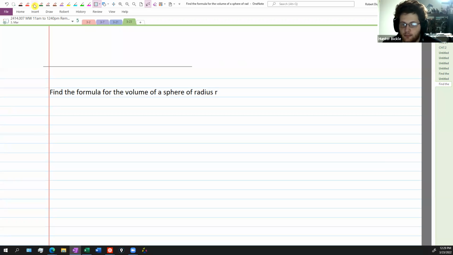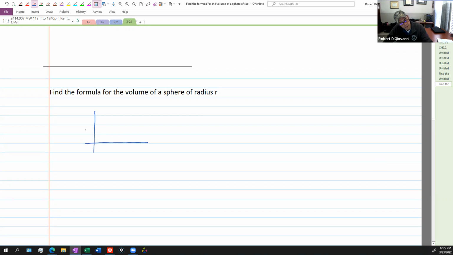So if I come in here and I get my picture here, this is the function. Remember, we solved for that. It was y equals the square root of r squared minus x squared. So I'm not going through a lot of detail here because I did this earlier, right? If I want to rotate that around the x-axis, I need to see my rectangle in here.